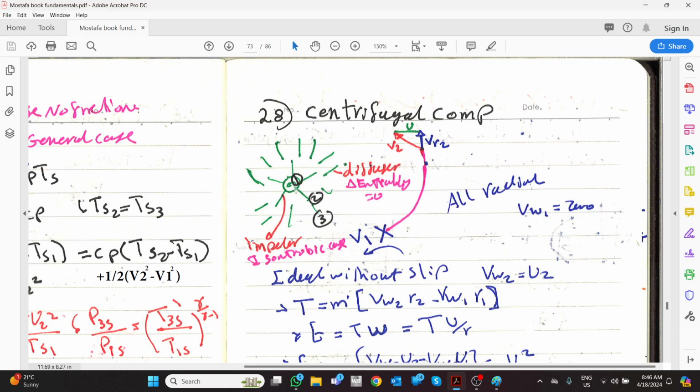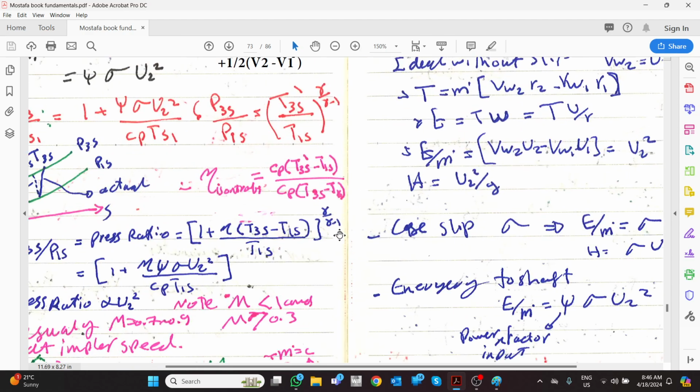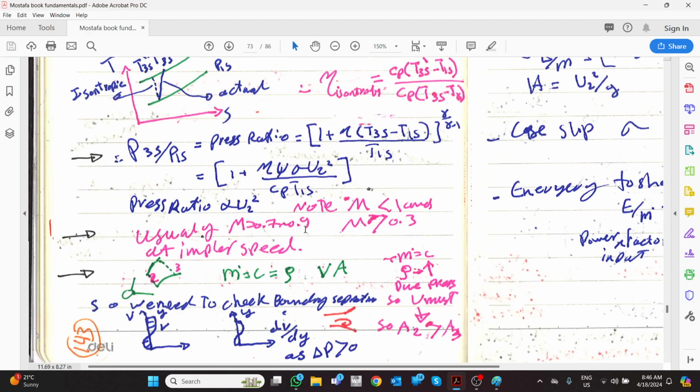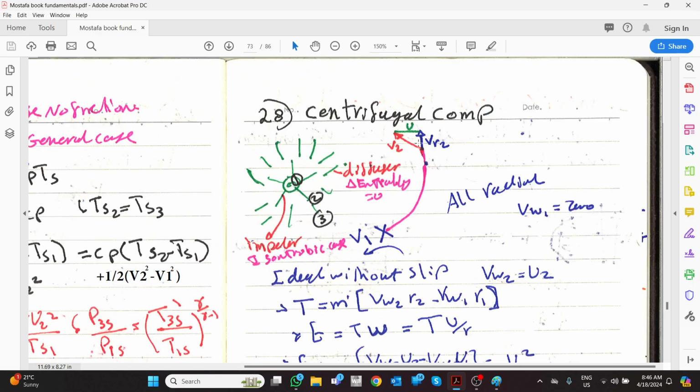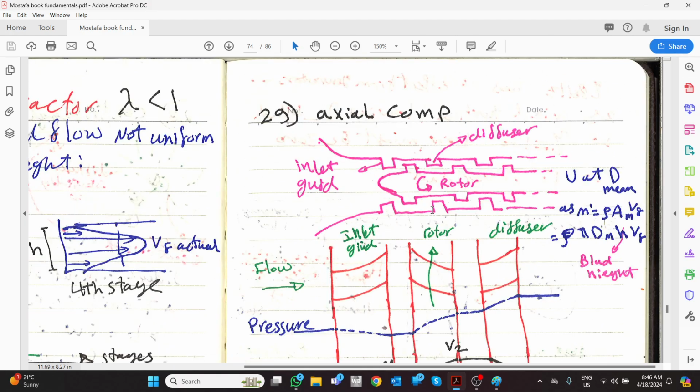Otherwise I'm going to have shock, increasing the Mach number, with more flow injected in one area and less in another, meaning more velocity. So I will have shock, with Mach number near one. So we need to ensure it is all radial in the design of the compressor.